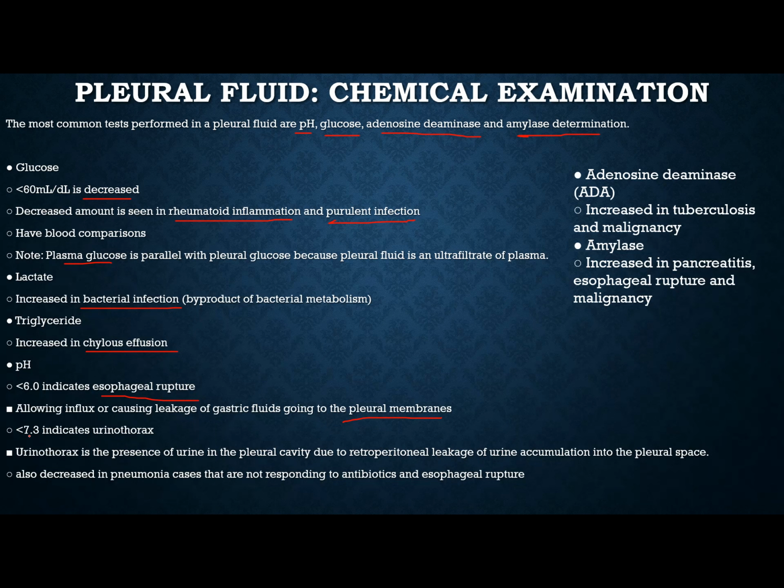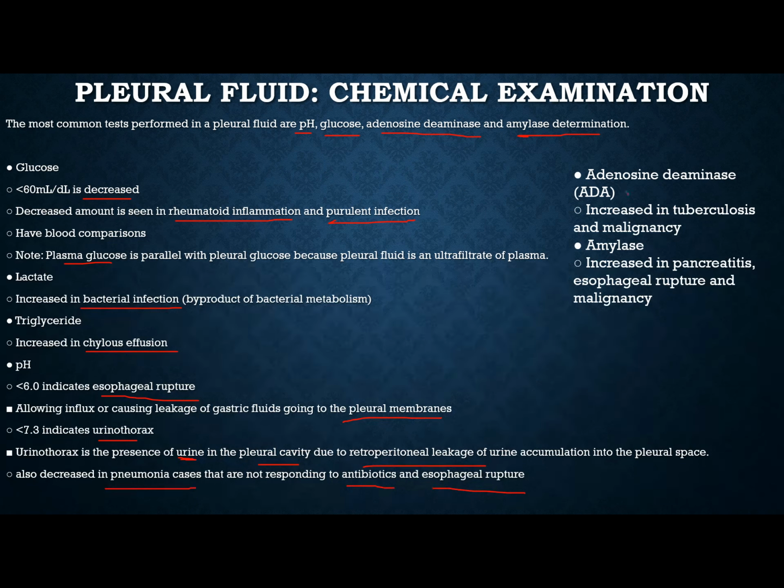Then if it's less than 7.3, it could indicate a urinothorax. Urinothorax class is the presence of urine in the pleural cavity due to retroperitoneal leakage of urine in the pleural space. Also decrease in pneumonia cases that are not responding to antibiotics and esophageal rupture.